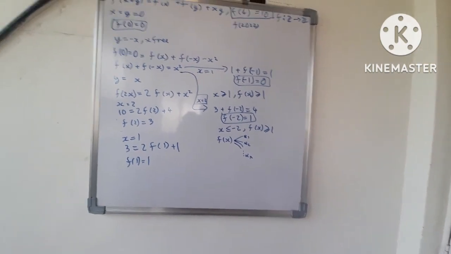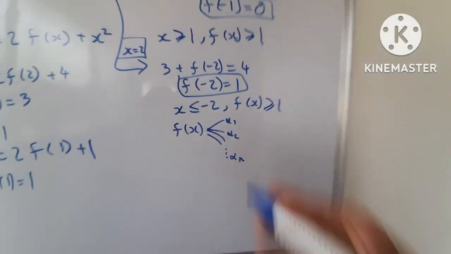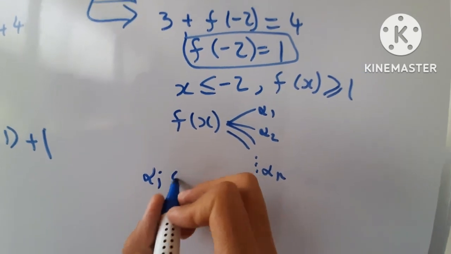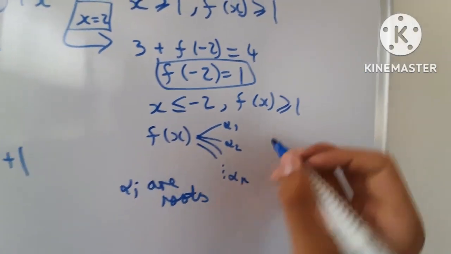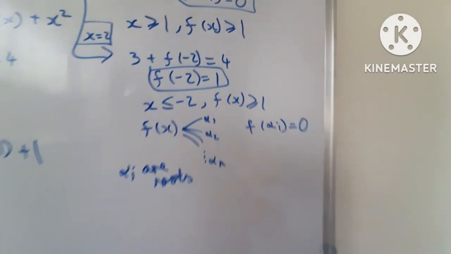Anyways, yeah, that's a long explanation for a rather short concept. So say these are the roots, alpha_i, right? And by roots I mean f of alpha_i is always equal to 0.